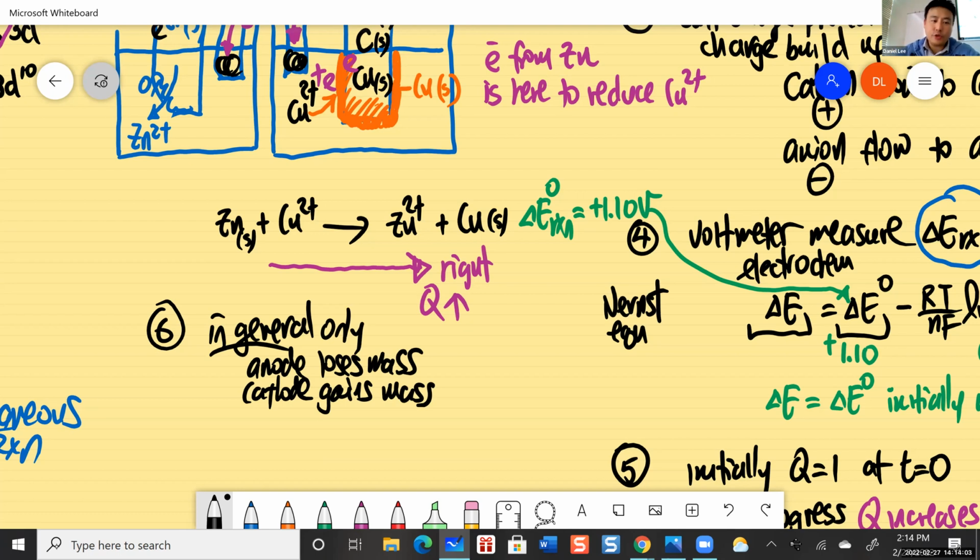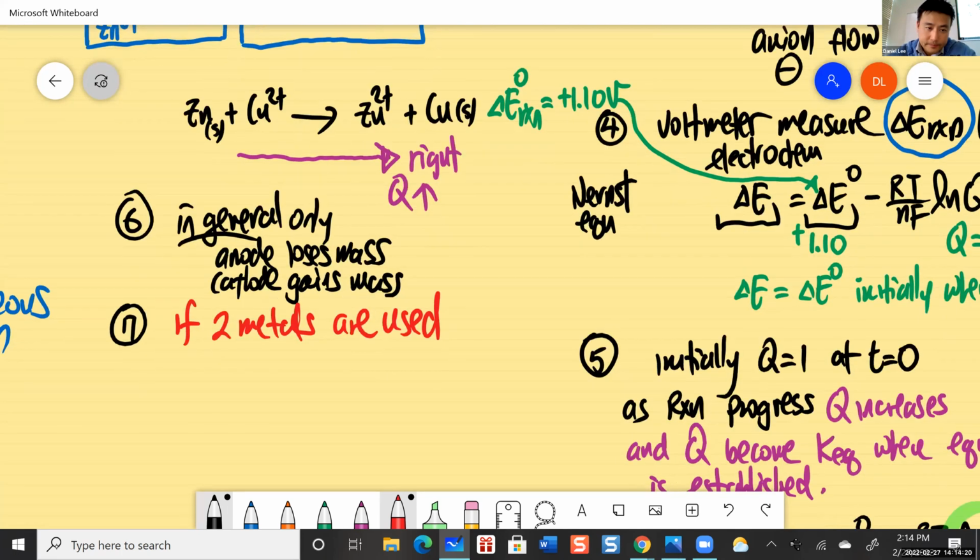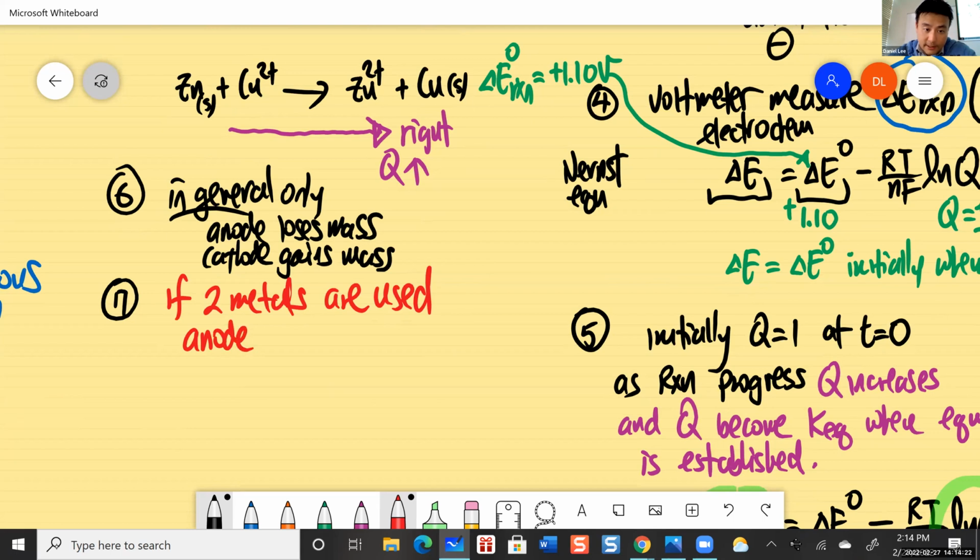Okay, if you have two metals, the anode is always the more reactive metal because you are looking at a single displacement. So if two metals are involved, the anode is always the more reactive metal, period. The anode is the more reactive metal, and the cathode is the less reactive.